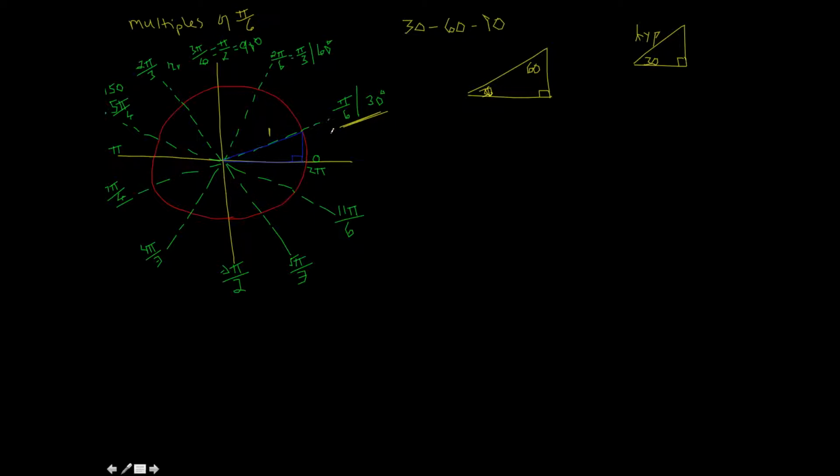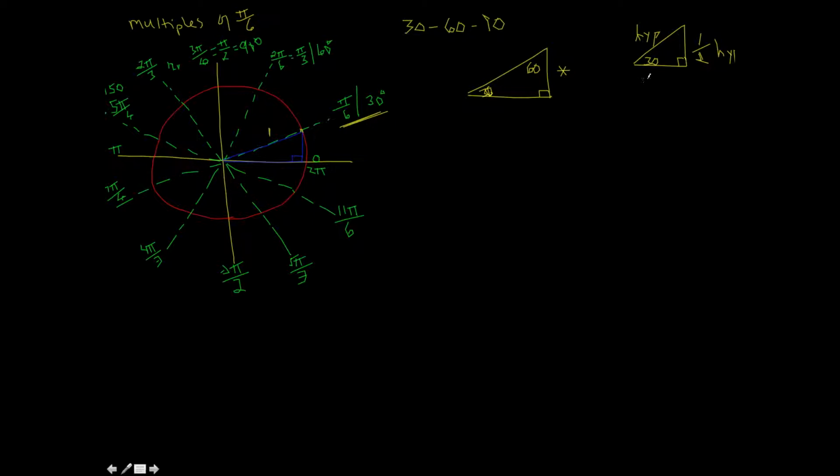The distance from the origin to any point on the circle, remember, is 1. So we know it's 1. The short side, this would be our short side right here. The short side is going to be 1/2 the hypotenuse.